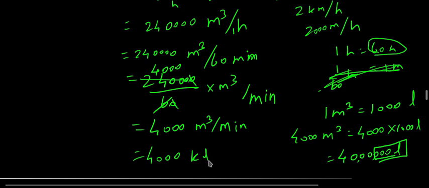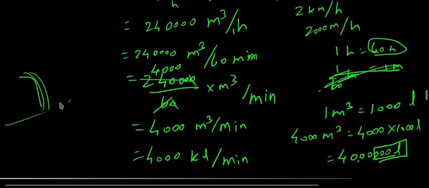So 4,000 kiloliter of water will flow into the sea per minute. In 1 minute 4,000 kiloliter of water will fall into the sea. This is the concept.